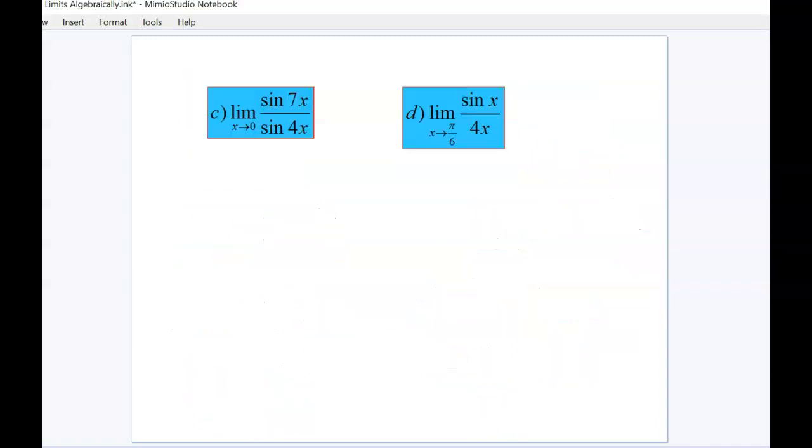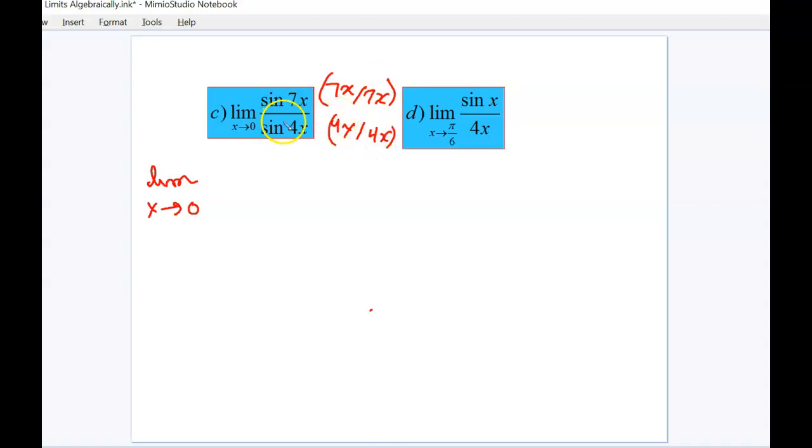All right, let's take a look at our next example, and this one's a little trickier. The strategy for this one is to deal with the numerator and the denominator separately. I'm going to multiply sine 7x by 7x over 7x, and I'm going to multiply sine 4x by 4x over 4x.